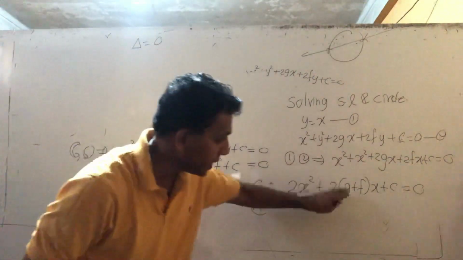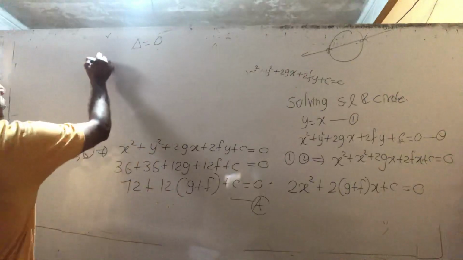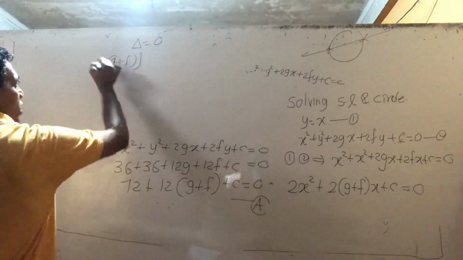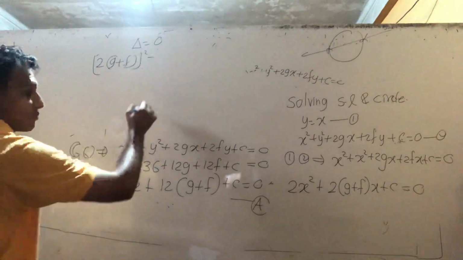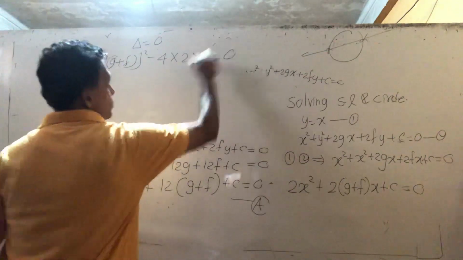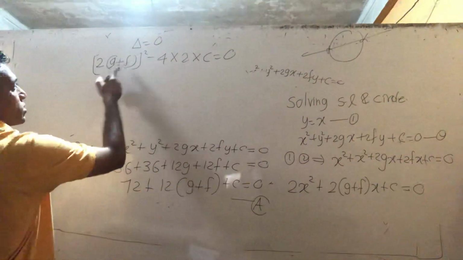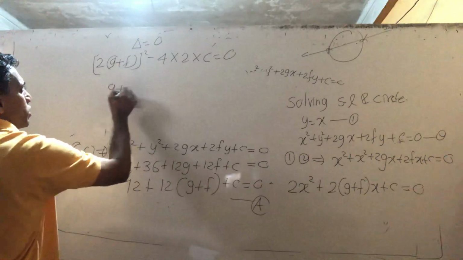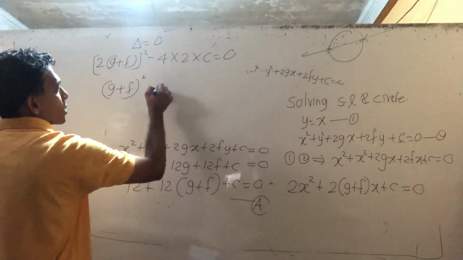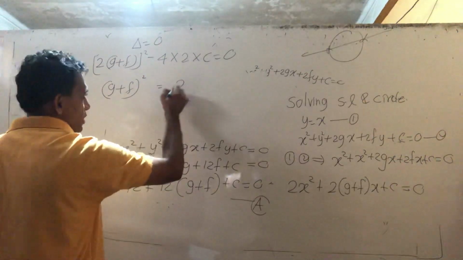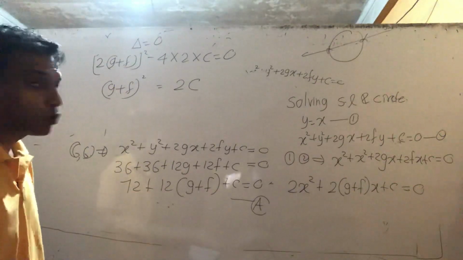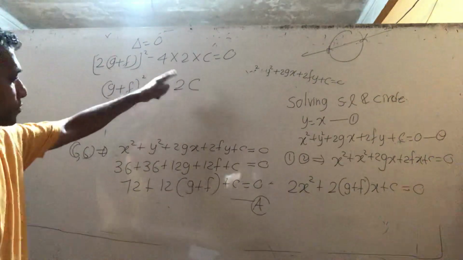Here a, b, c. b square is 2 into (g plus f), all things square, minus 4ac. So we cut the 4: (g plus f) all things square is 2c. Okay, (g plus f) square equals 2c.